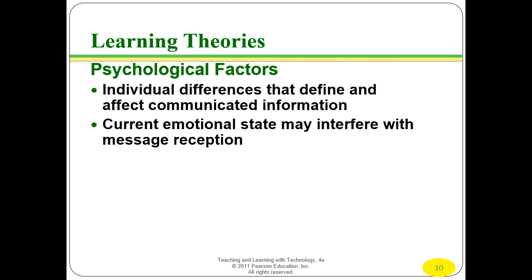Now, a person's current emotional state may interfere with message reception. If that student has had, or person has had some kind of traumatic event, or is under some stress, they're going to be dwelling on that and not hearing what you and I have to say. And so their emotional state is important.